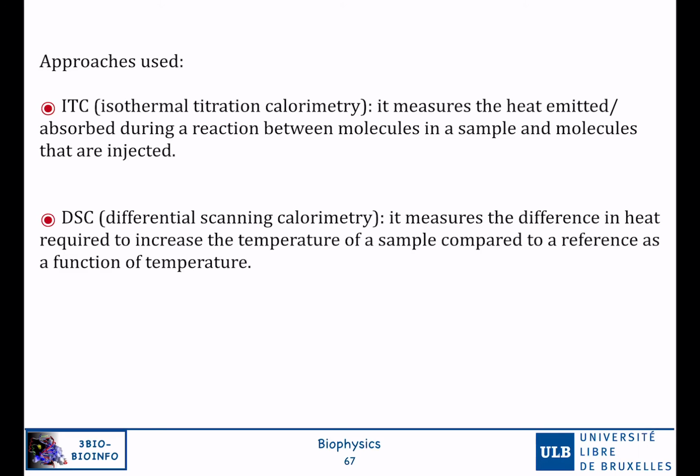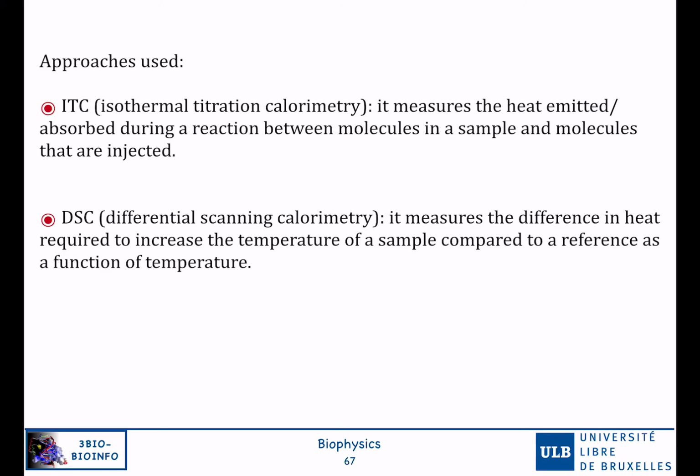The first one is called ITC, for isothermal titration calorimetry. And I will explain what is ITC in a few minutes, but in summary, it will measure the heat emitted or absorbed during a reaction between molecules in a sample and molecules that are injected.